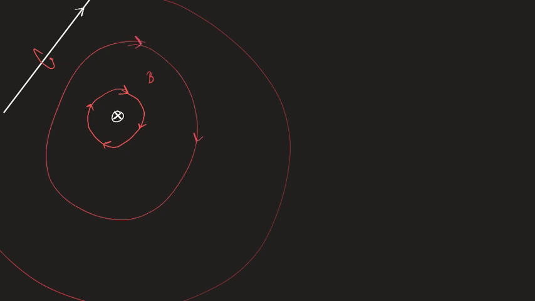I'm using my right hand rule, grabbing the wire, and recognizing that this should be the direction of the magnetic field around my current carrying wire. We've talked about that right hand rule. If this is the current passing through this wire this way, then we're talking about a circular magnetic field this way. We also know that the magnetic field extends out into space and gets weaker as we get further away. These are all things that we've talked about.